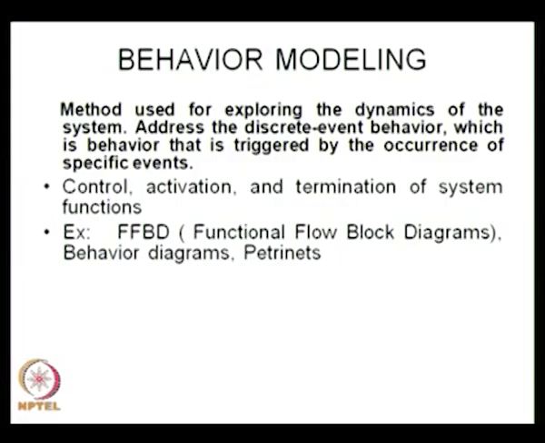We will see some of these methods and try to understand how the dynamics of the system can be modeled using them. We will take the FFBD first, and see how to use this function flow block diagram to model the behavior.